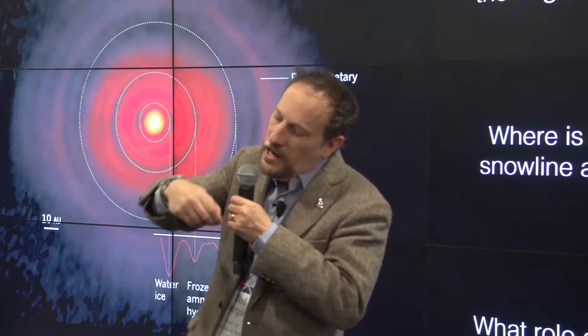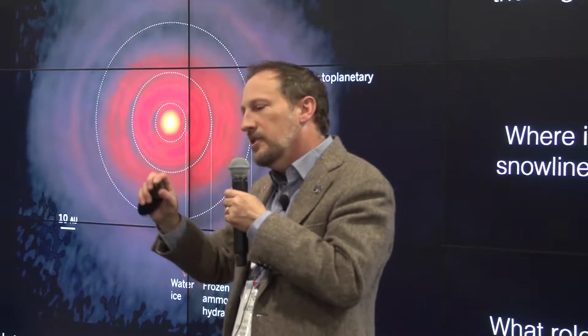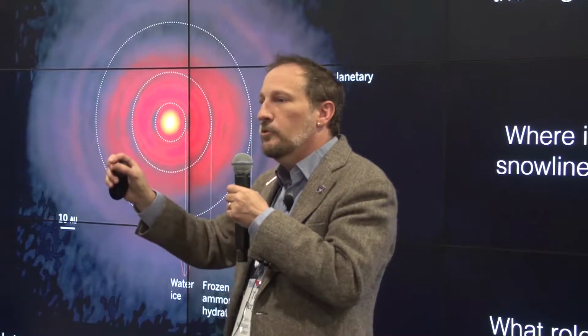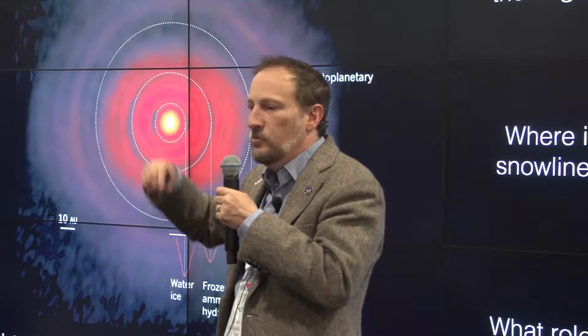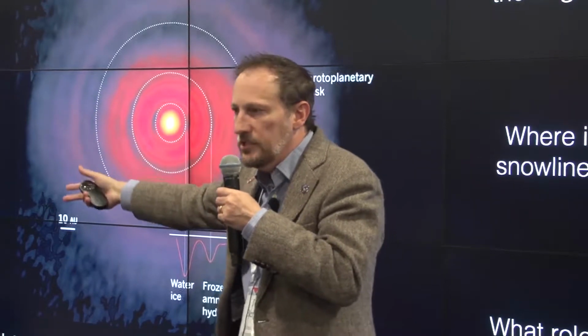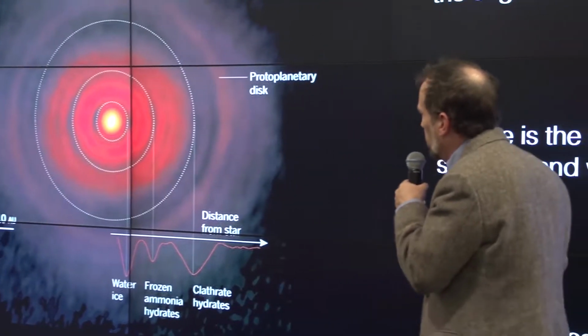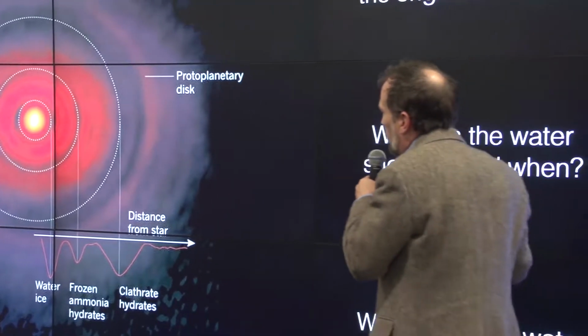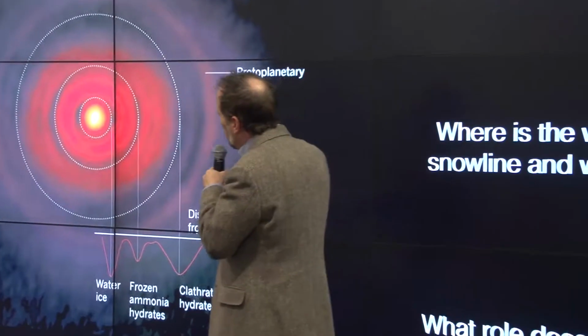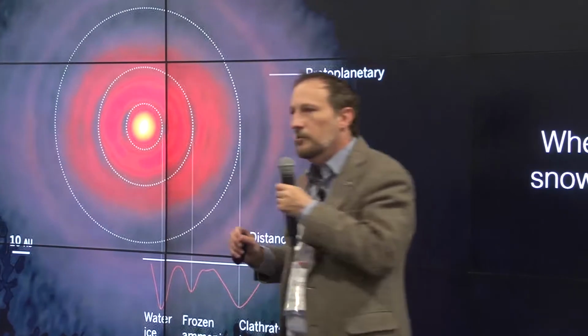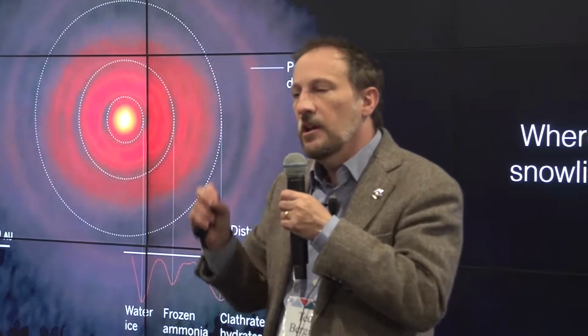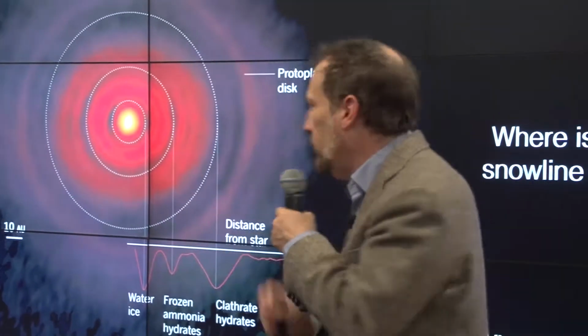If you're at the stage where water is ice, it's thought that the ice-coated grains are more favorable to grow to larger sizes, and that's why we have Jupiters that form at larger distances and terrestrial planets a little bit closer in. So we can look at these systems and try to determine where that ice line is, at what time, and how that evolves.